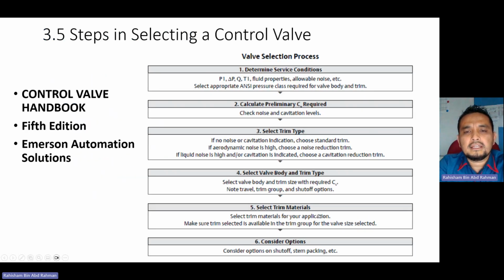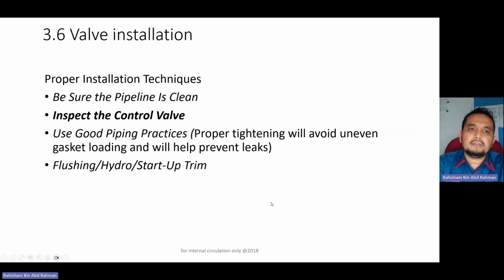Then we decide the criteria to select the valve, and finally installation, how to install it. We need to install in the right way, like be sure the pipeline is clean. We inspect whether we have the right valve. This is something that you can plan or follow the guideline.